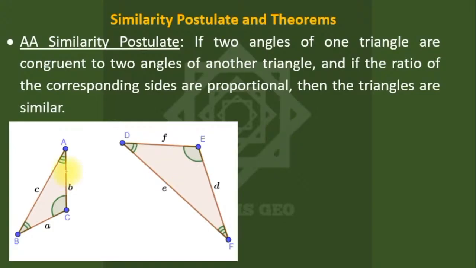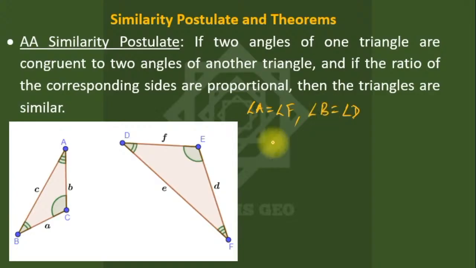As you can see, angle A here is the same as angle F, while angle B is the same as angle D. These two are enough. Common sense tells us that once two angles are the same in two different triangles, the third one will also be the same.